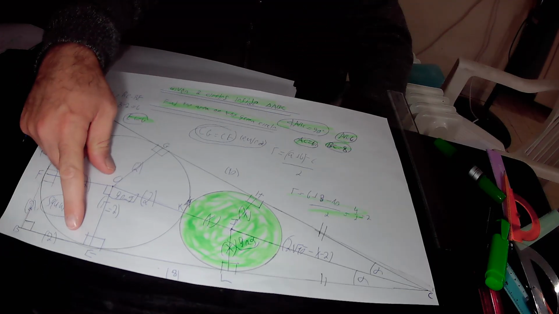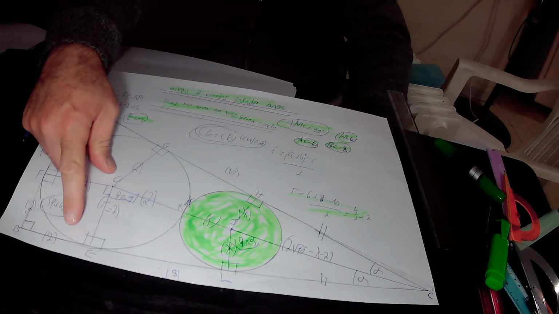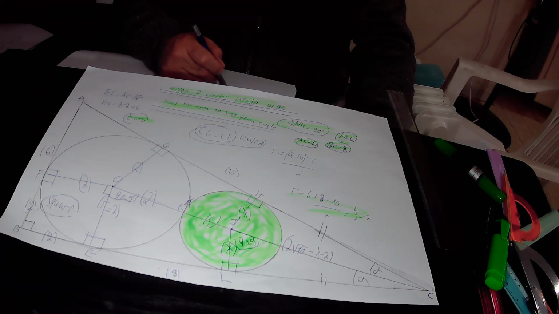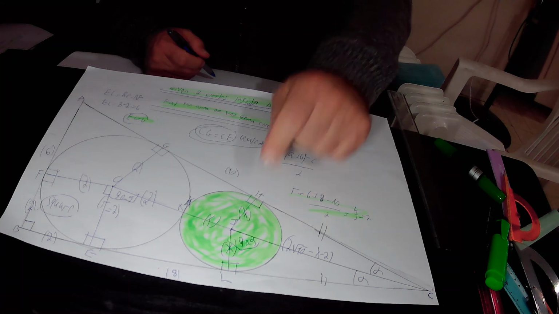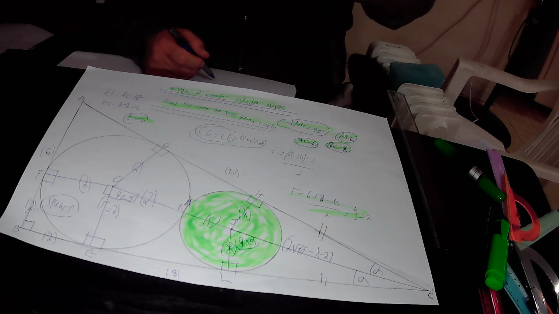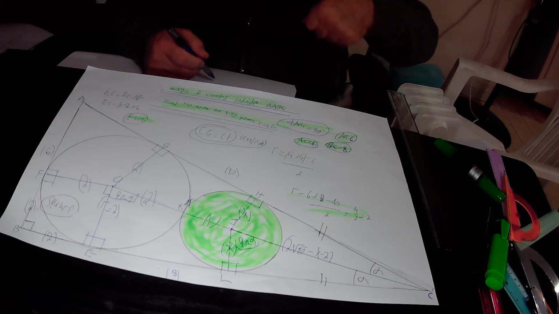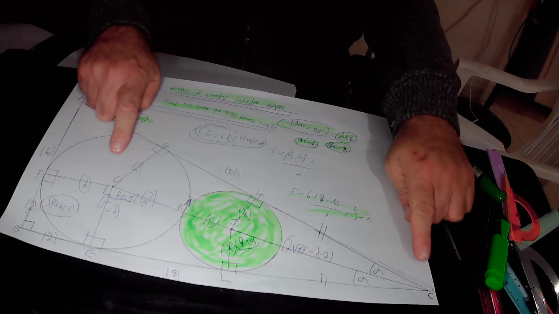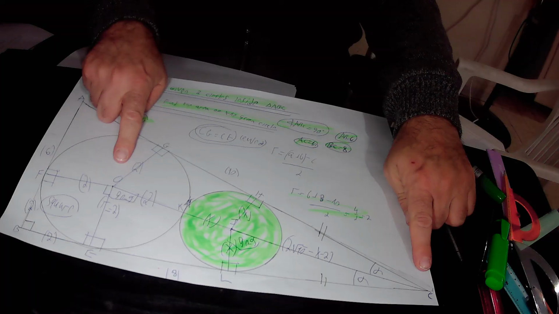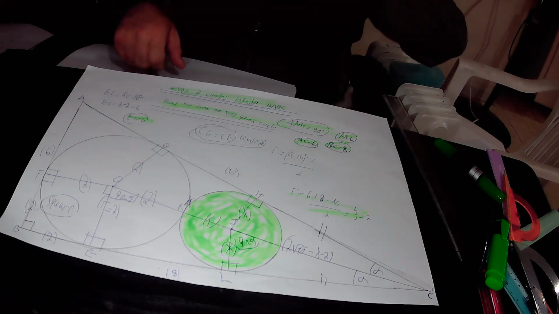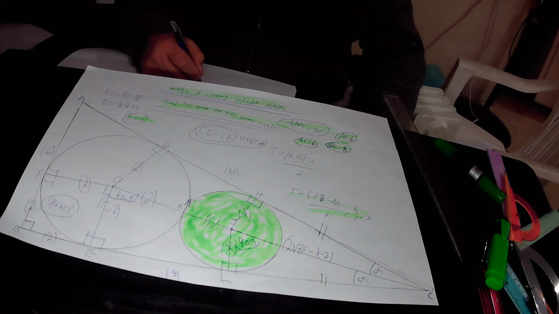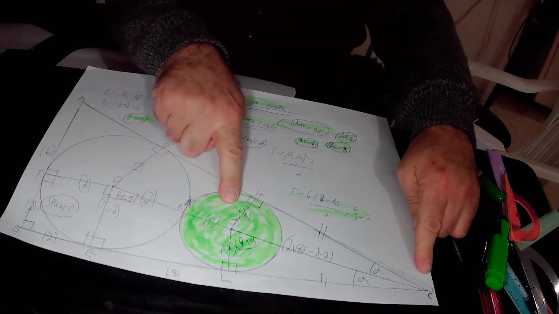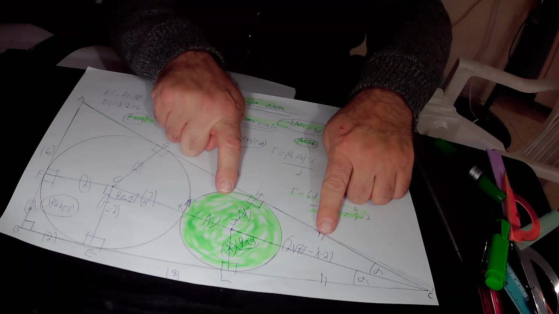OE equals 2, it is the radius of the big circle. JL is the radius of the green circle, that is the radius that you are looking for in this question, and it equals x. This equals OC, which is 2 times root of 10, over JC, and JC equals 2 times root of 10 minus x minus 2.